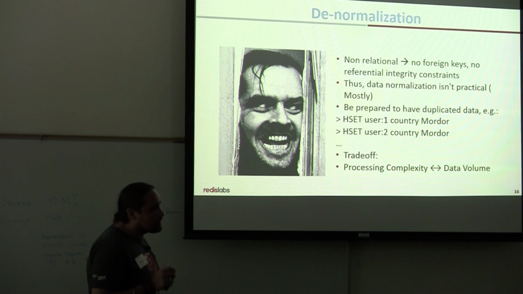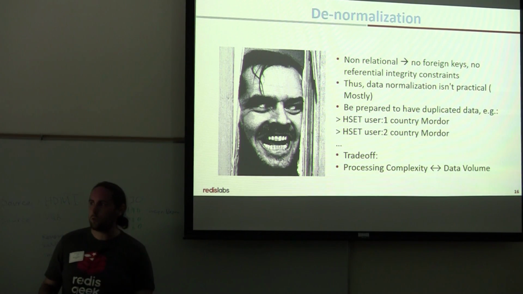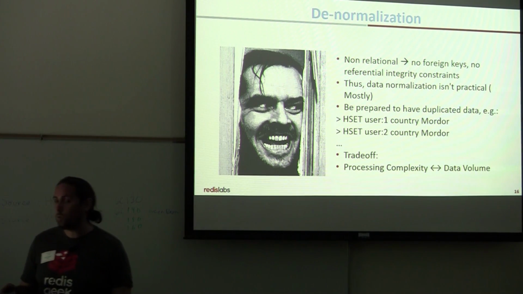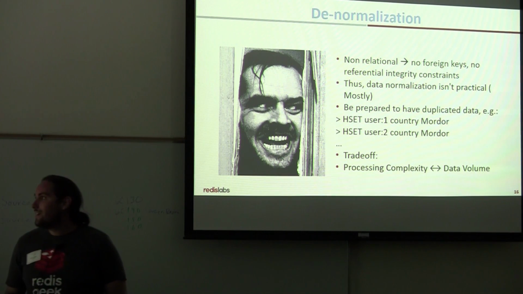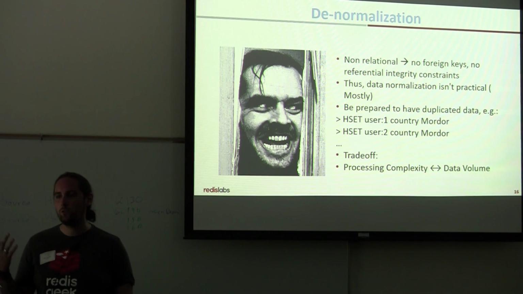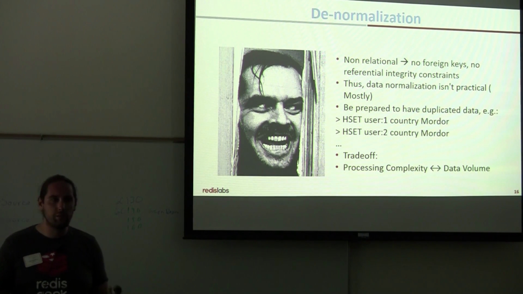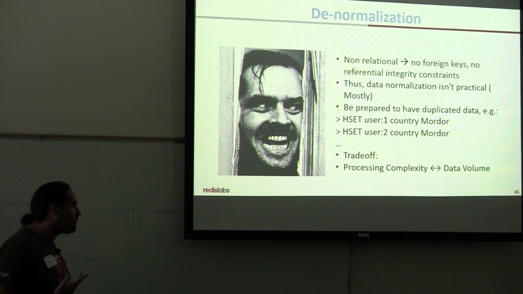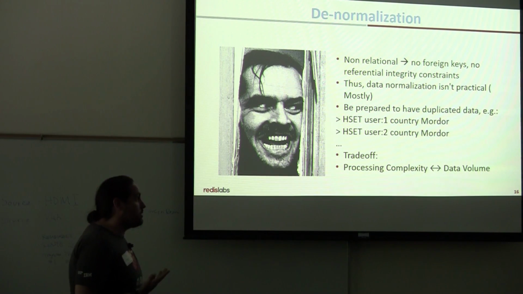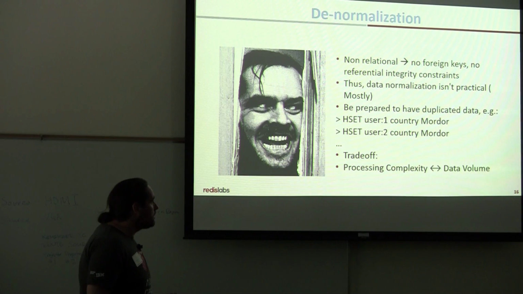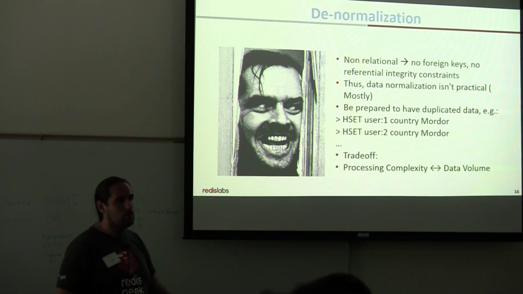Denormalization is very common and oftentimes is another entry-level use case for using Redis. So this is not SQL. You are not going to have a countries table. It is very complicated to try to update multiple keys and having to remember to do that with every single operation. It's much easier and generally more efficient to just duplicate your data.